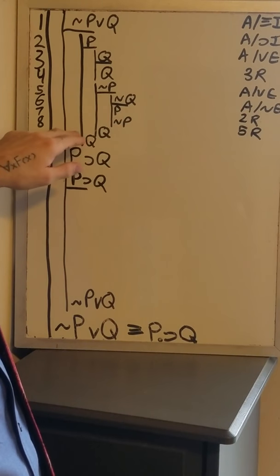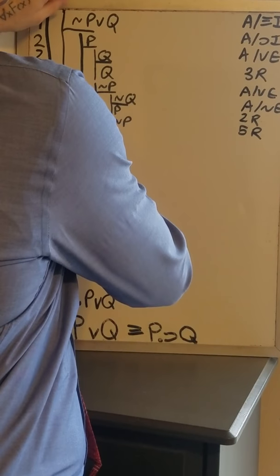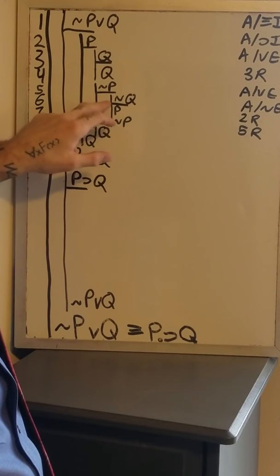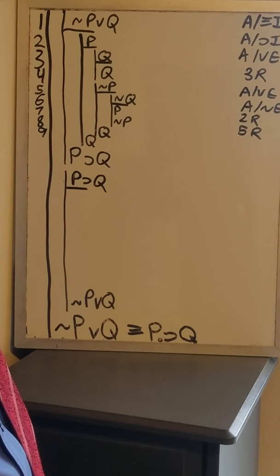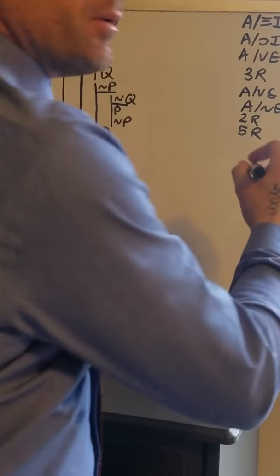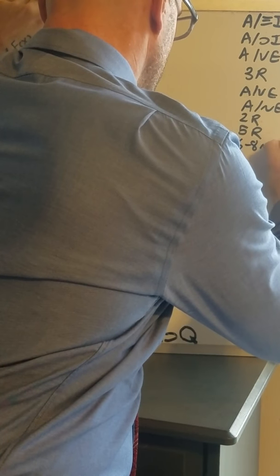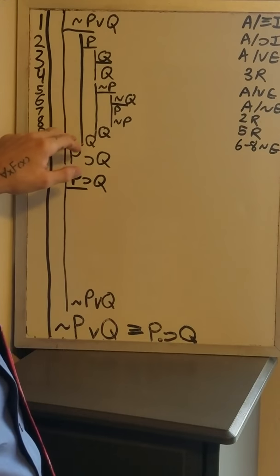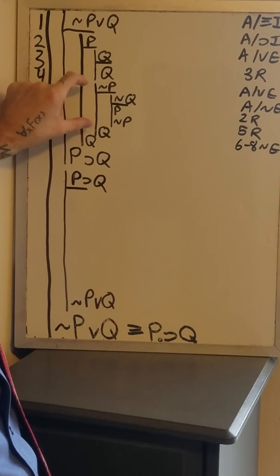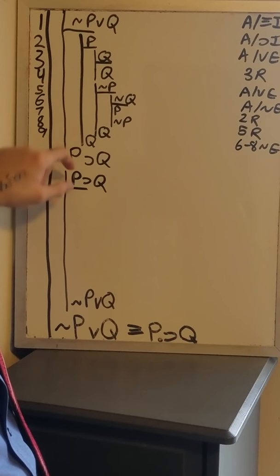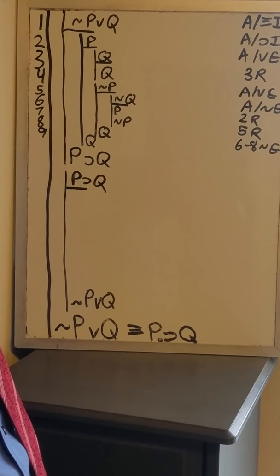And now on line 9, we have Q by negation elimination, lines 6 through 8. And on line 10 now we can close out both of these subderivations, and we have Q by disjunction elimination.